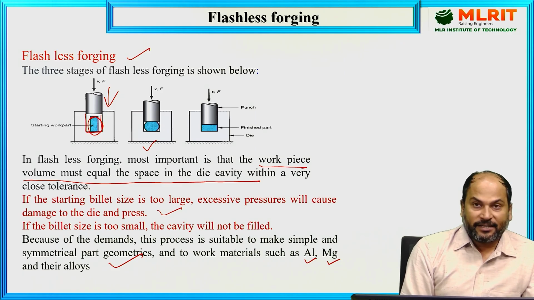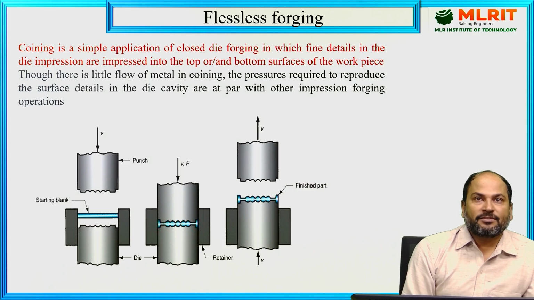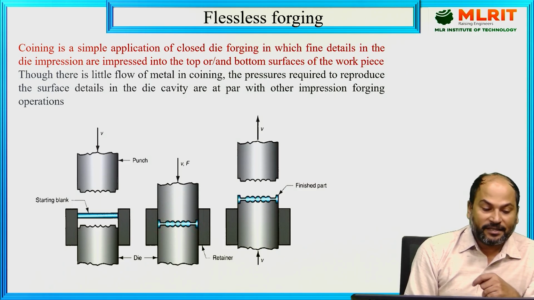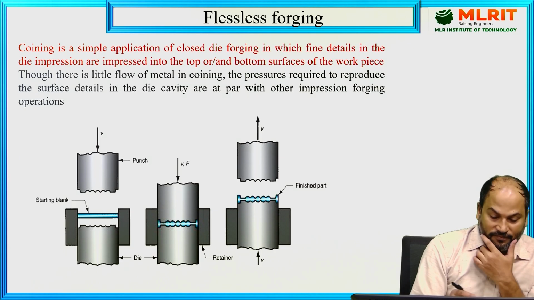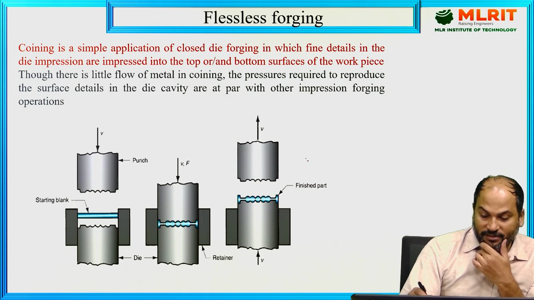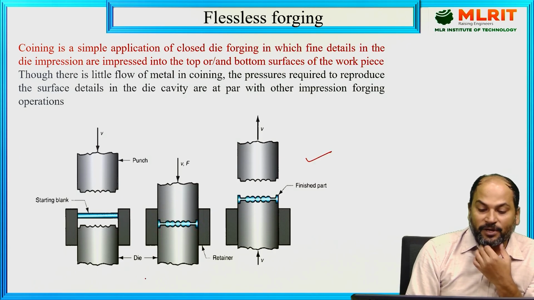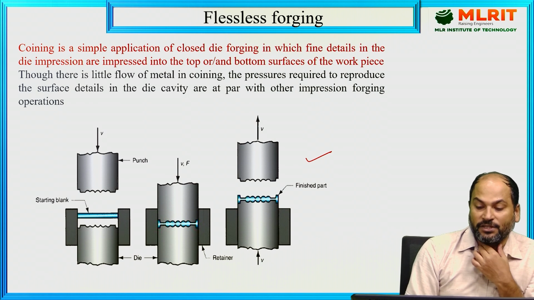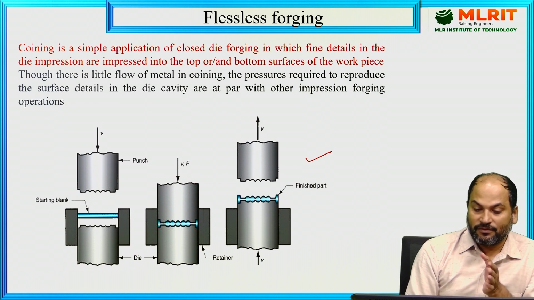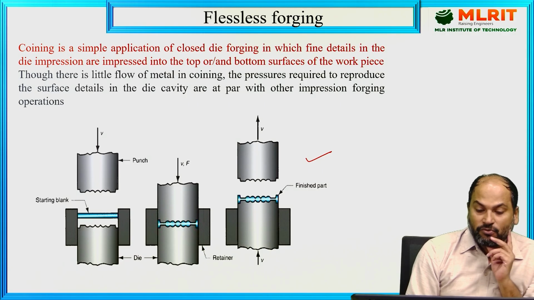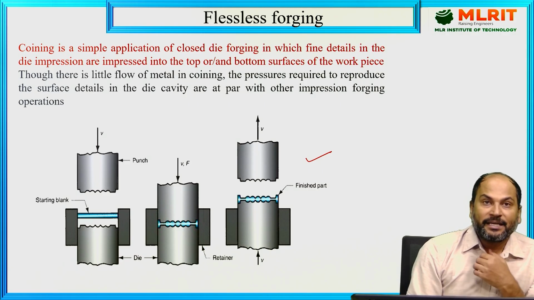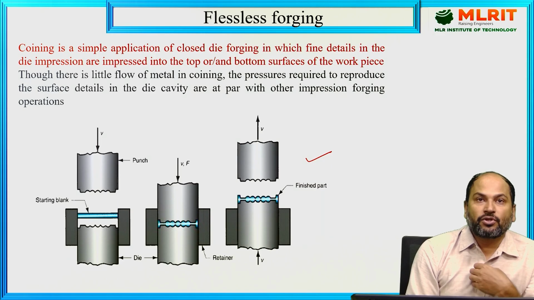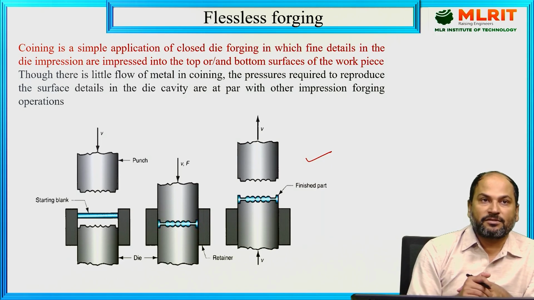Next, we'll take one example, coining, as an example of impression die forging. So coining is a simple application of closed die forging, in which fine details in the die impression are impressed into the top and or bottom surfaces of the workpiece.